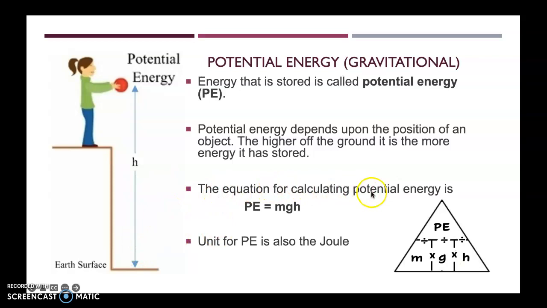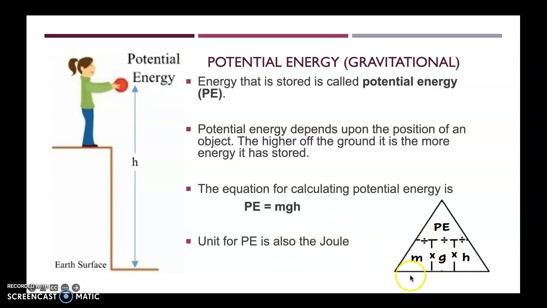So the equation for calculating potential energy is the mass of the object times gravity times the height at which the object is located. So mass times gravity times height will give you the amount of potential energy stored in that object. And as I said, energy is also going to have the unit of joule.